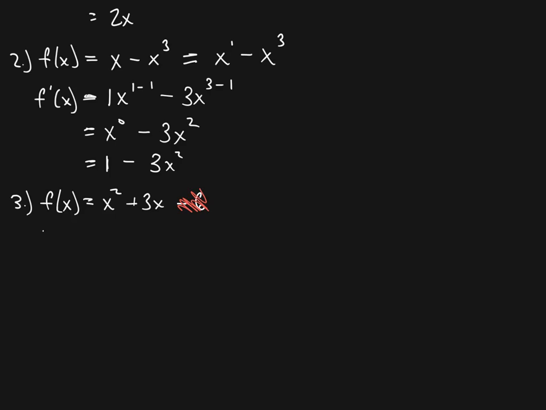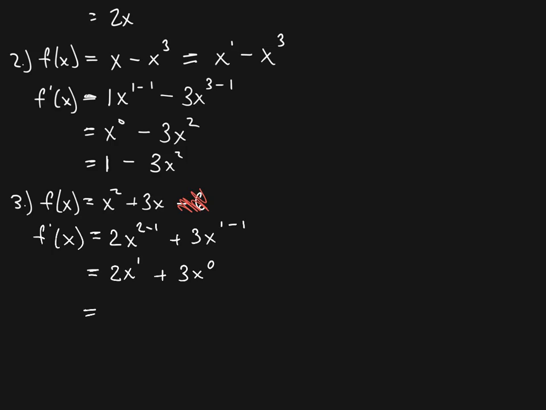And so we can take the derivative here using the power rule. So we get f prime of x is equal to 2x to the 2 minus 1 plus 3x to the 1 minus 1. So this leaves us with 2x to the 1 plus 3x to the 0.